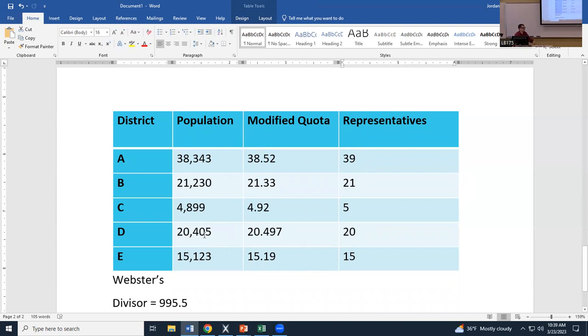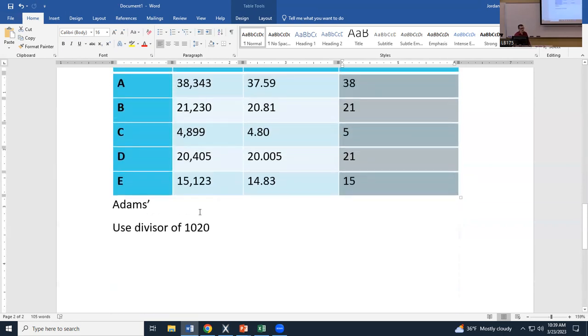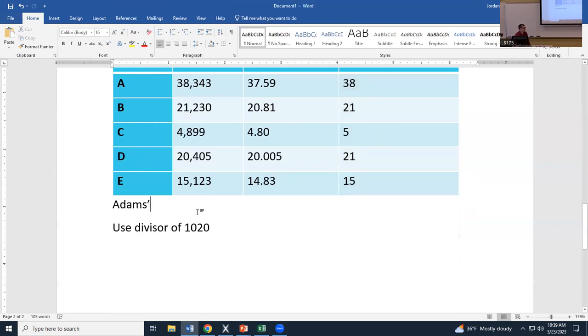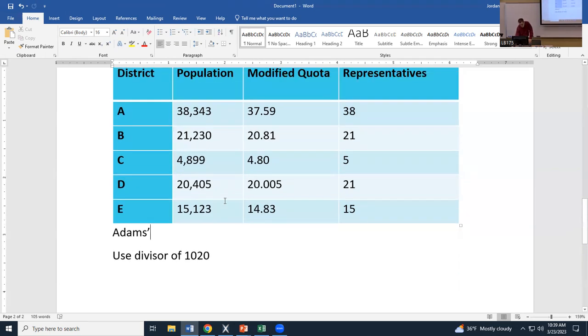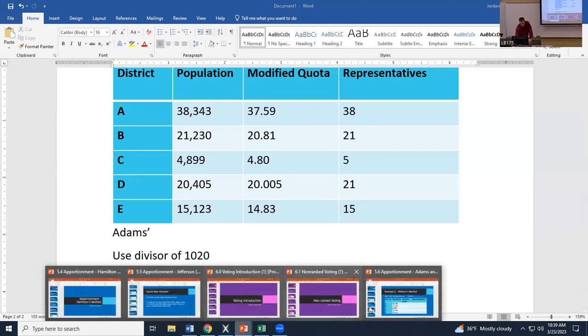And if these states were Massachusetts and Virginia, or Pennsylvania and Virginia, or Pennsylvania and Massachusetts, you might see and realize why John Adams from Massachusetts wanted a certain method, and Thomas Jefferson from Virginia wanted a different method, and where Alexander Hamilton from New York wanted a different method, right? They maximize their states' voting block anyways.